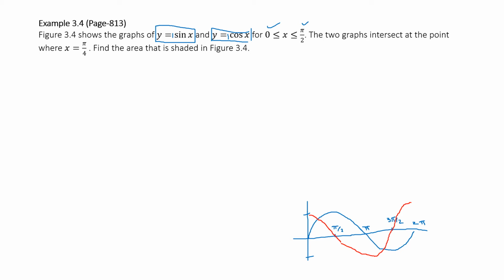So which area are they asking? The two graphs intersect at a point where x equals pi by 4. Find the area.